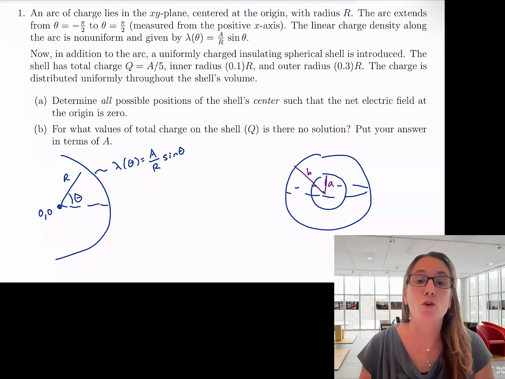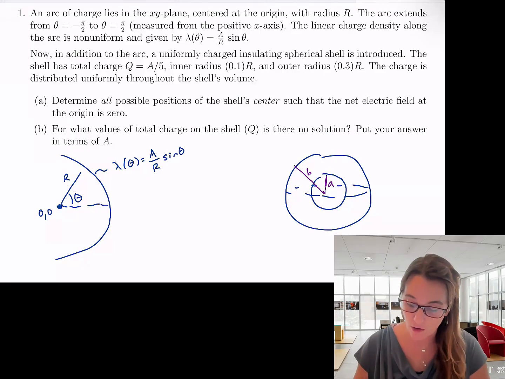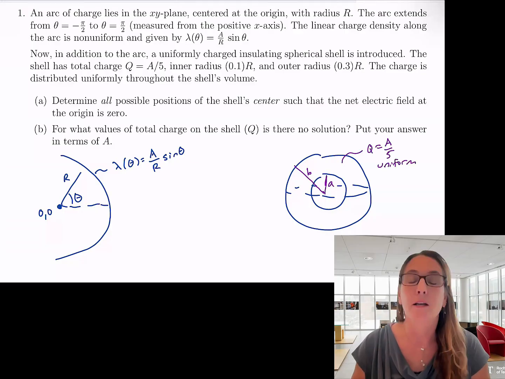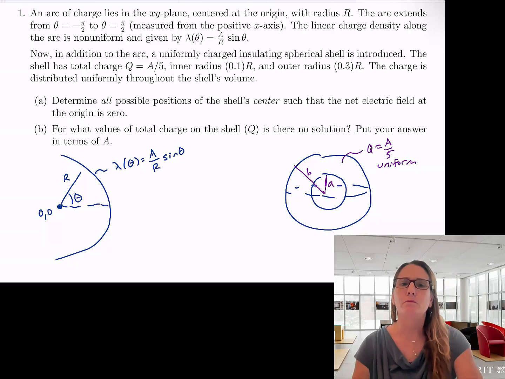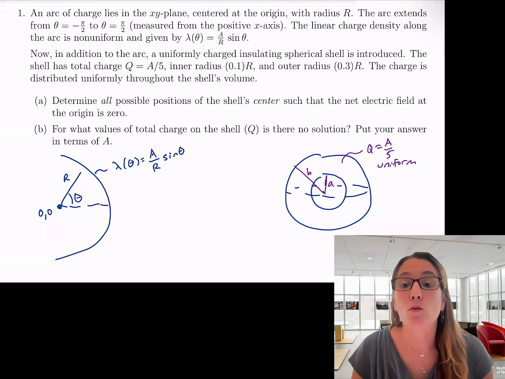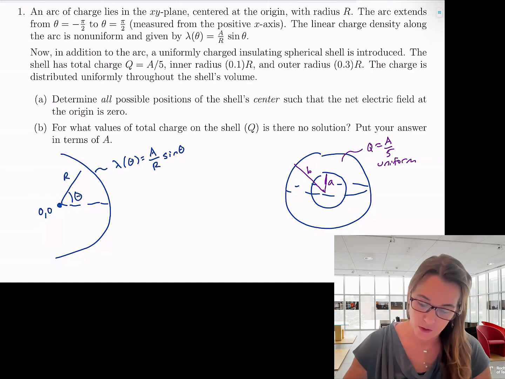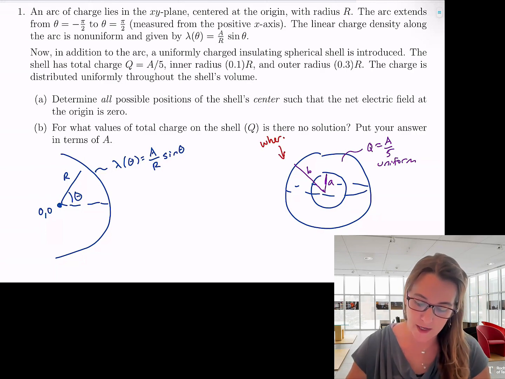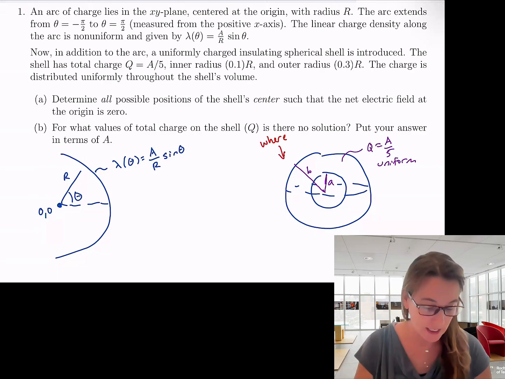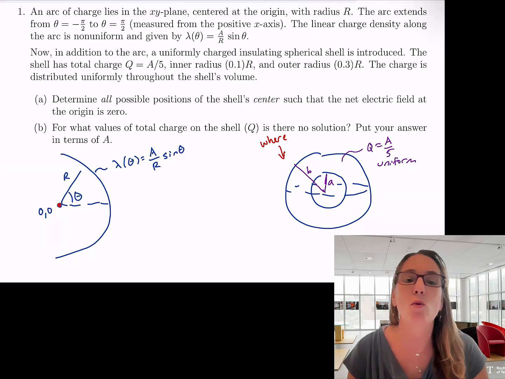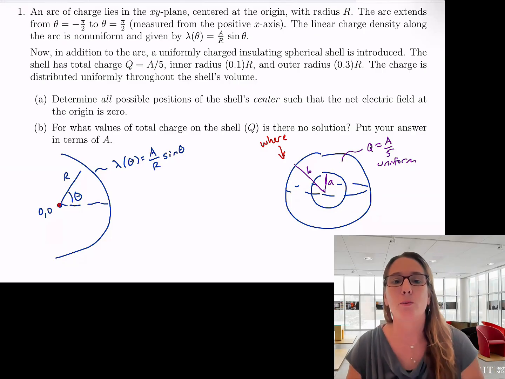And it has a total charge on its shell, Q, that is equal to A over 5. And again, it was a uniform charge distribution. Then it's asking, where could I put this shell so that I could have a net electric field at the origin equal to 0?